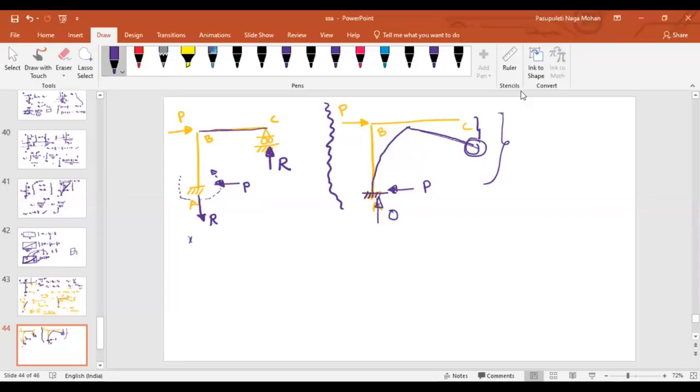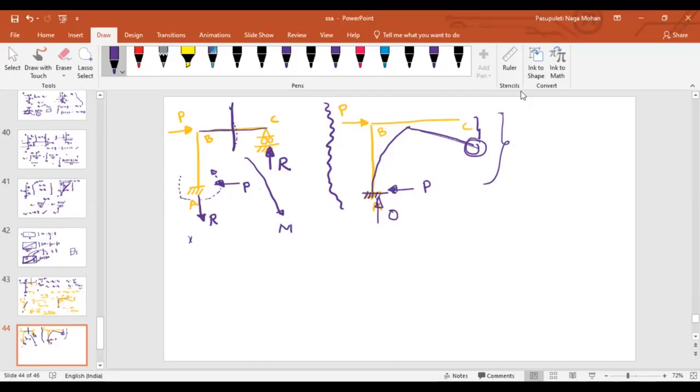Now, if I consider a section BC, what do you think about the internal forces? Will they exist or not? What I mean to say is, will bending moment exist or not? Will bending moment come or not? No load, so it doesn't come, sir. At this section, look into the right side.